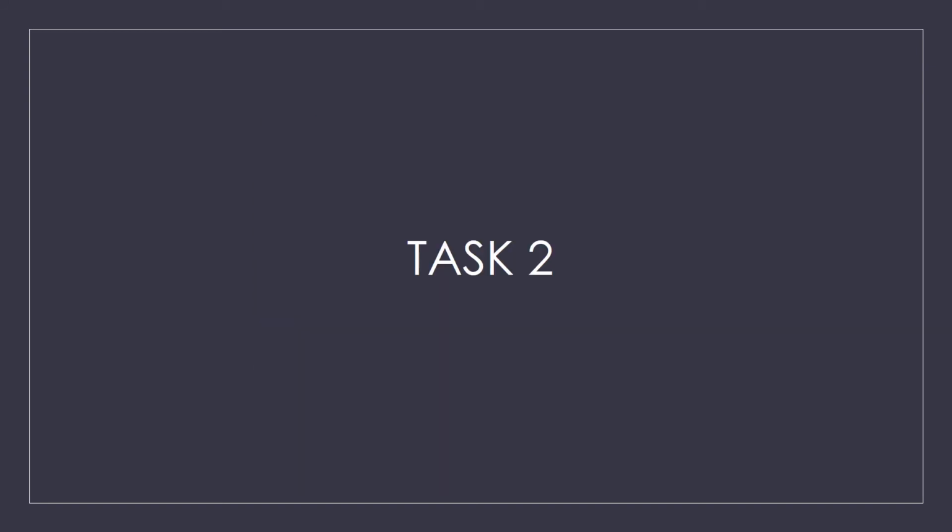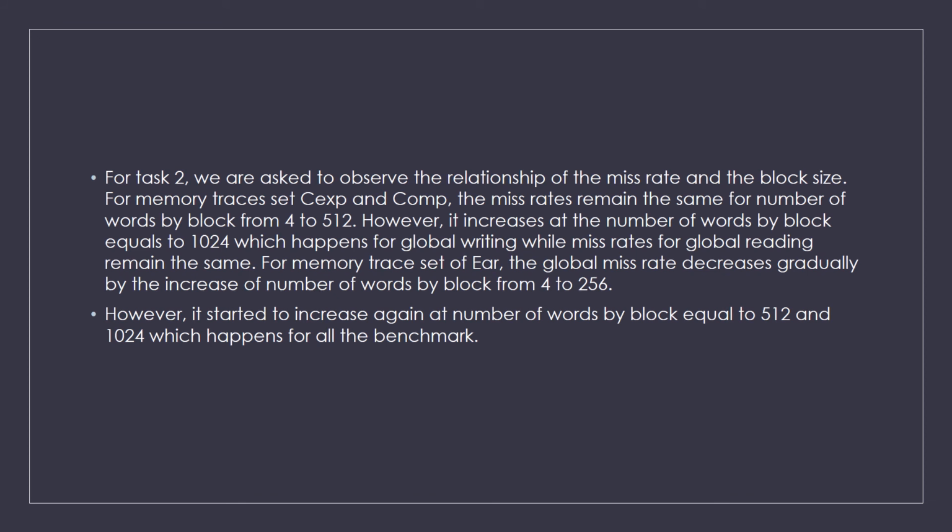Task 2. For this task, we are asked to observe the relationship of the miss rate and the block size. So, for memory trace sets CXP and COMP, the miss rates remain the same for number of words by block from 4 to 512. However, it increases at the number of words by block equals to 1024, which happens for global writing, while miss rates for global reading remain the same.